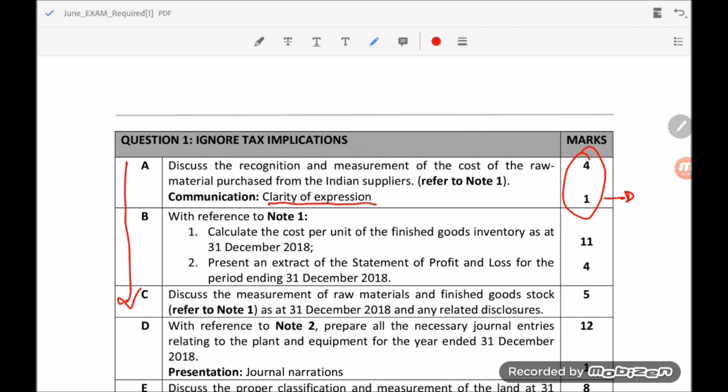Okay. So some people, let me make a distinction: if you're writing ITC in June 2018 or June 2019, you're still expected to be using the old conceptual framework, which means you could talk about the risk and rewards, because that is sitting in the old conceptual framework.